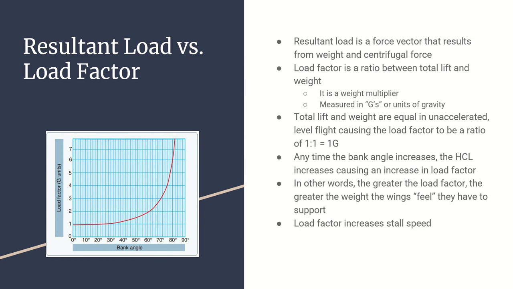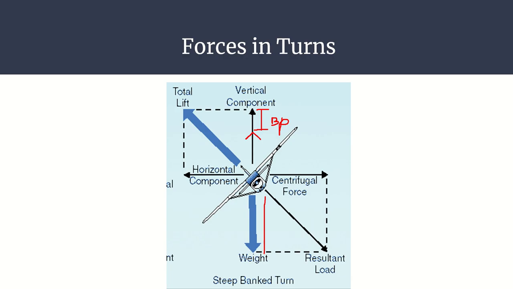Load factor is a measurement of how many units of gravity are imposed on the airplane. If we are in unaccelerated flight, then we have a ratio of 1 to 1. So this total lift value would be the same size as this weight value down here.